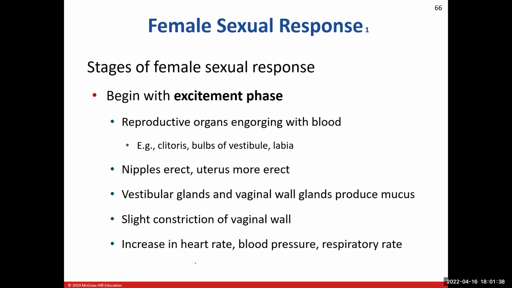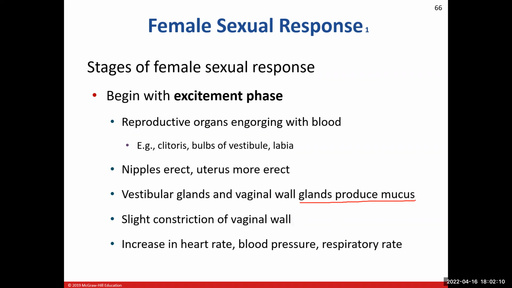The nipples become erect, and the uterus becomes more erect, getting ready to position the uterus to receive the sperm. In the birth canal, the vagina, we'll see an increase in the production of mucus, one for lubrication, which helps so the female doesn't get injured.